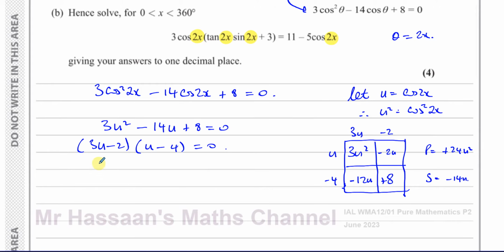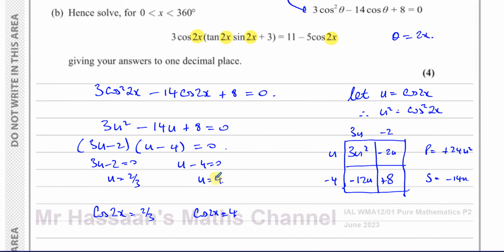Now we can say that either 3u minus 2 equals 0, in which case u is equal to 2/3, or u minus 4 is equal to 0, in which case u is equal to 4. So now we can replace our u with what it actually is, cosine 2x. So we have cosine 2x equals 2/3, and cosine of 2x equals 4.